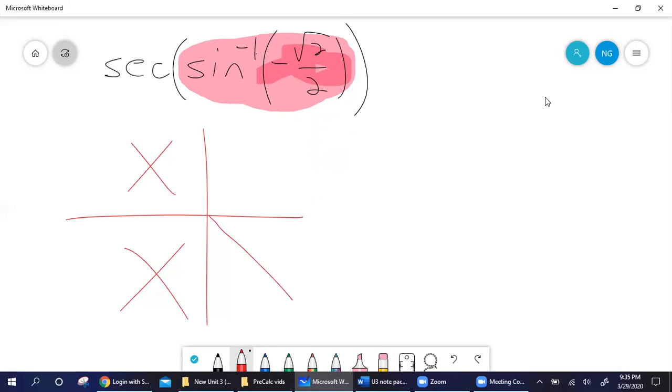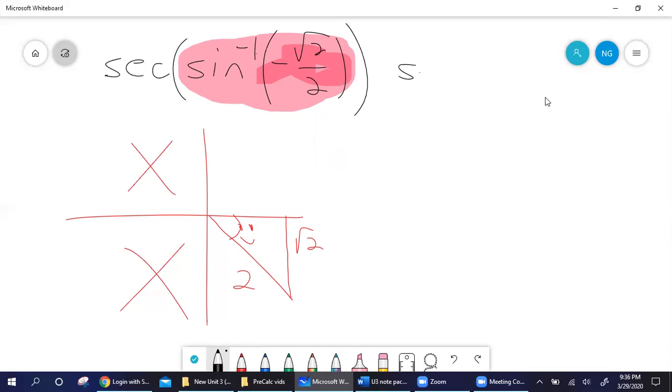There's some angle, happy face, such that the opposite is root 2 and the hypotenuse is 2.